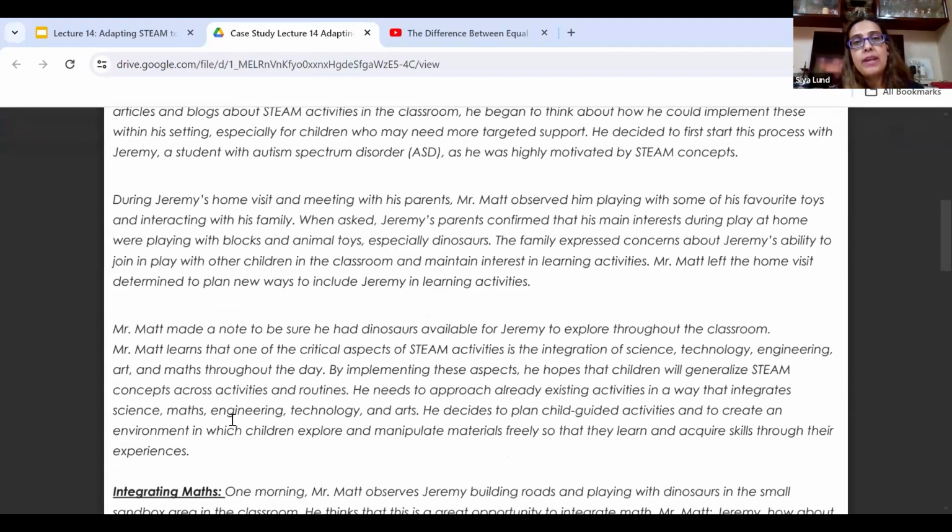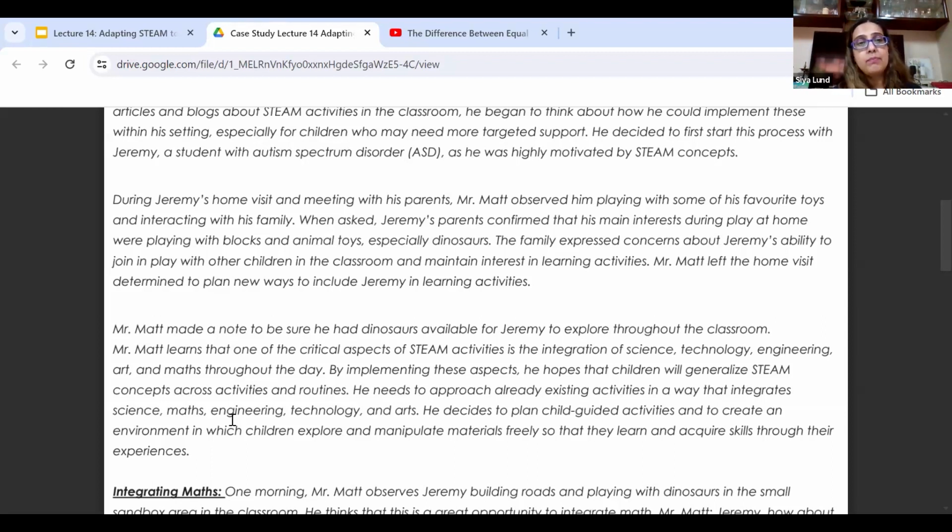When asked, Jeremy's parents confirmed that his main interests during playtime at home were playing with blocks and animal toys, especially dinosaurs. The family expressed concerns about Jeremy's ability to join and play with other children in the classroom and maintain interest in learning activities. Mr. Matt left the home visit determined to plan new ways to include Jeremy in learning activities.